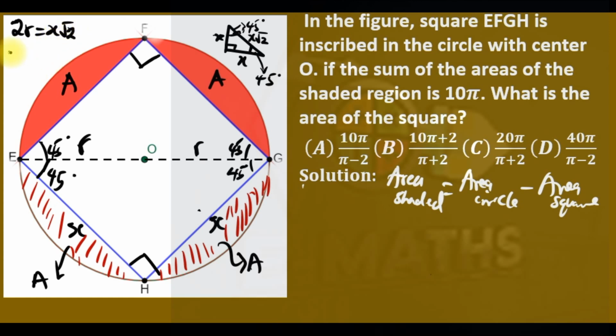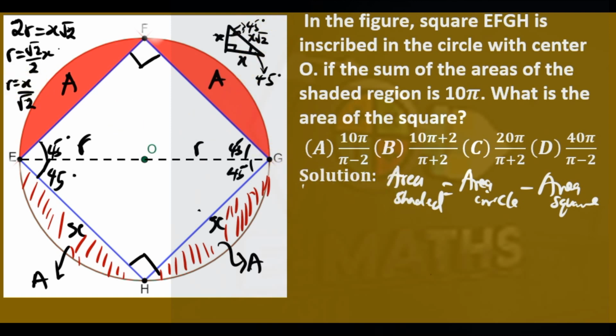Making r the subject of the formula, we have root 2 over 2 times x, which is the same thing as x over root 2. I would prefer using this x over root 2.